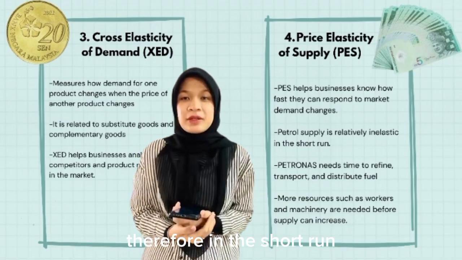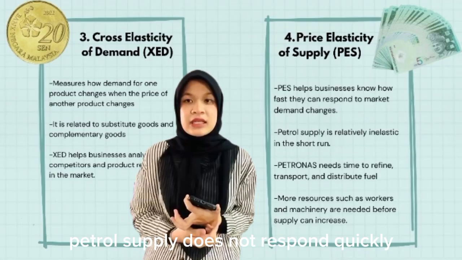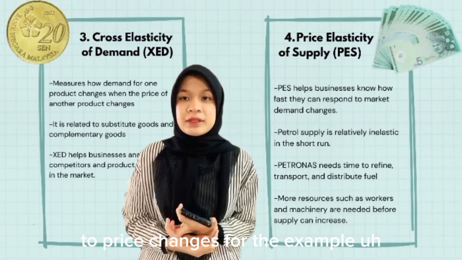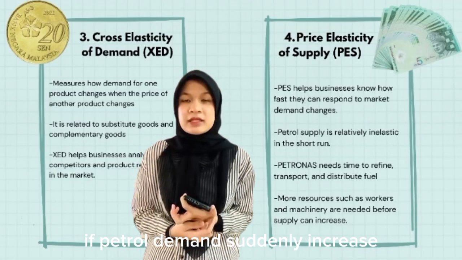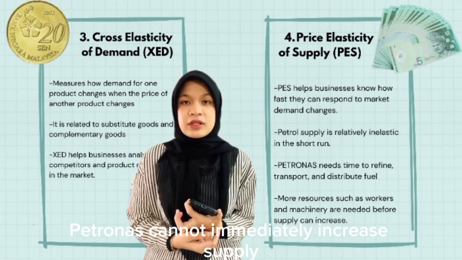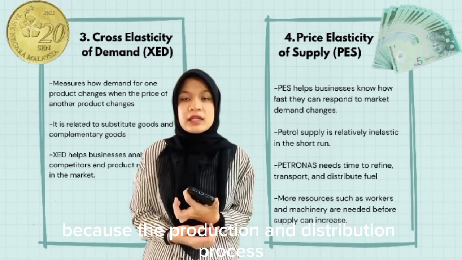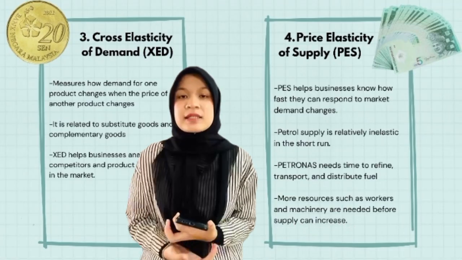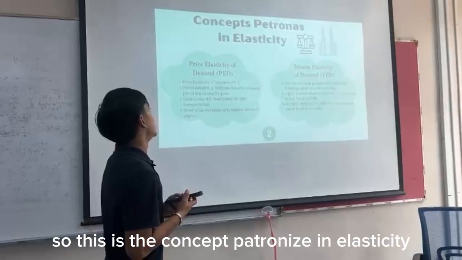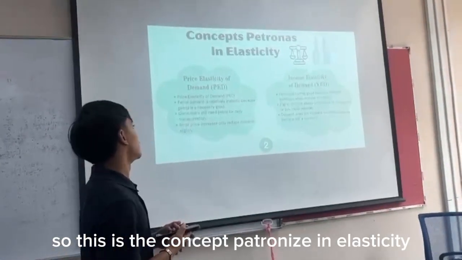Therefore, in the short run, petrol supply does not respond quickly to price changes. For example, if petrol demand suddenly increases, Petronas cannot immediately increase supply because the production and distribution process takes time. So this is the concept of Petronas in elasticity.